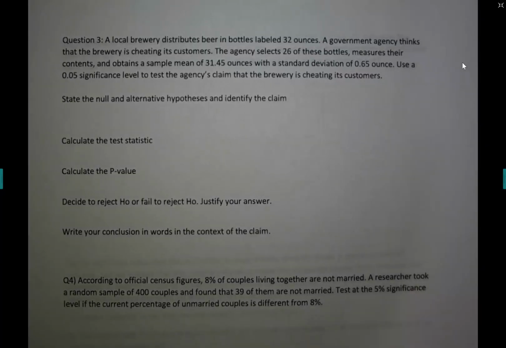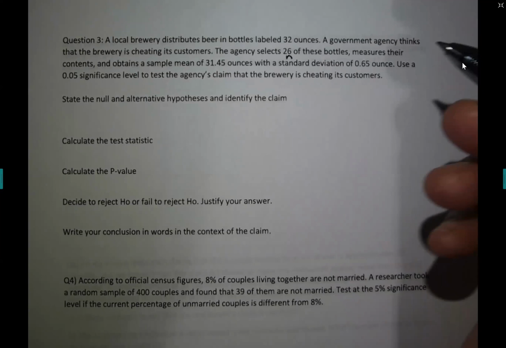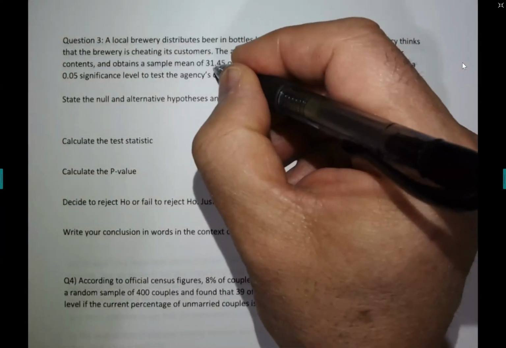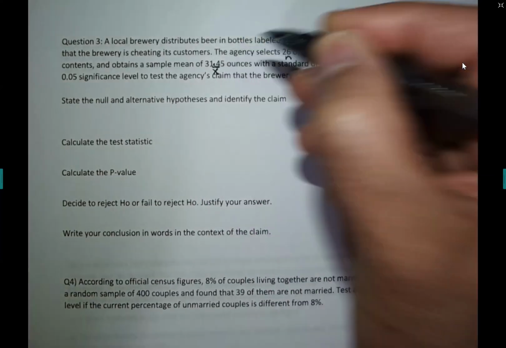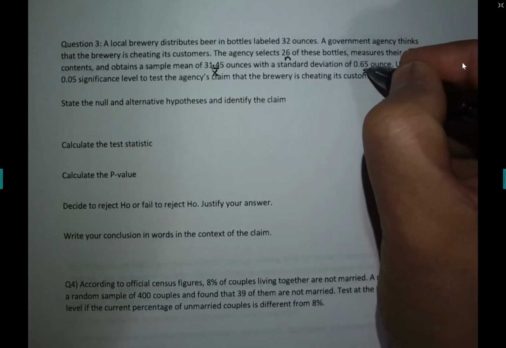Okay, question 3. A local brewery distributes beer in bottles labeled 32 ounces. A government agency thinks that the brewery is cheating its customers. The agency selects 26 of these bottles, so that's n, measure their contents and obtain a sample mean of 31.45, that's x bar, with a standard deviation of 0.65 ounces, that's s.